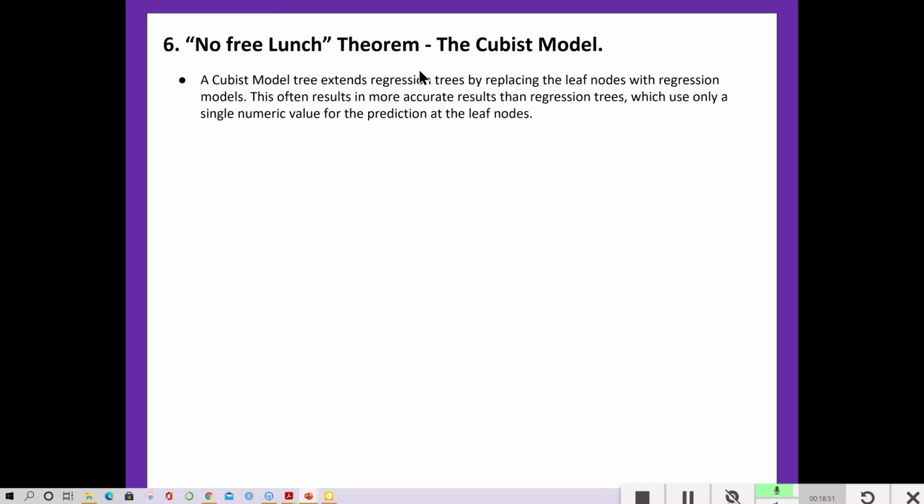The Cubist model is an improvement or an enhancement of the single regression tree, where rather than using the average medical expenses of every patient in a particular leaf node to predict the medical expense of every such patient in that node, we replace that average by building a regression model based on every instance in the leaf at that point in time.